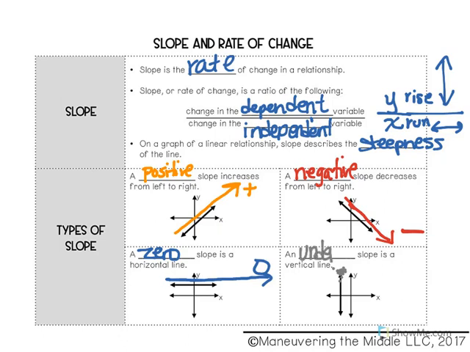It's an impossible situation, and in math, we hate impossible situations. So we don't like undefined answers, but that is an undefined slope. Those are the types of slope there are. Again, it's the rate of change.